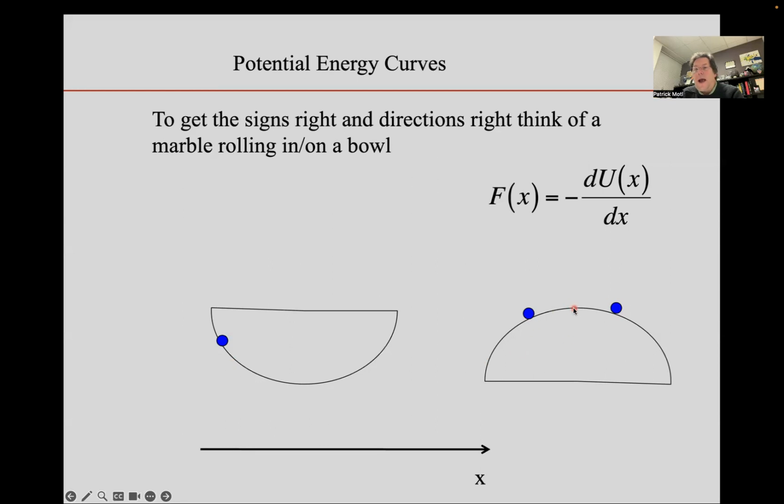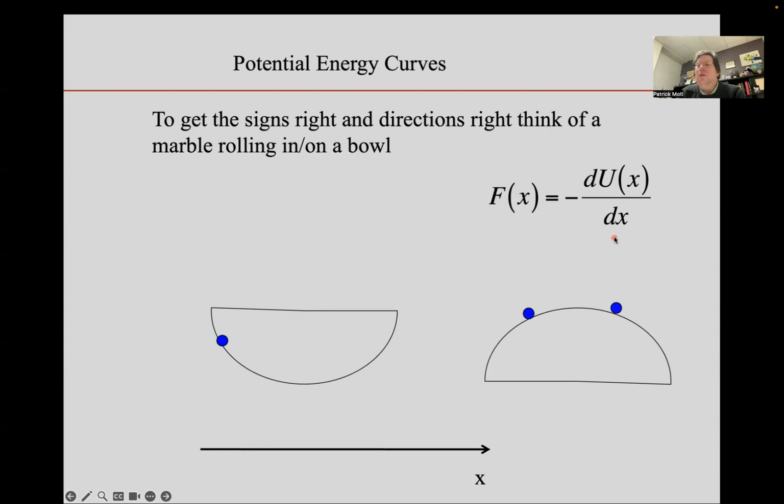And if I go past the highest point on the bowl, the marble is over here on the right. Now the slope is negative. That derivative is going to be negative, but I also have a minus sign. So I'm going to have a force to the right. And the marble is going to roll off and go faster and faster and faster, and then roll all the way home. So in between those points is where the potential has no slope.